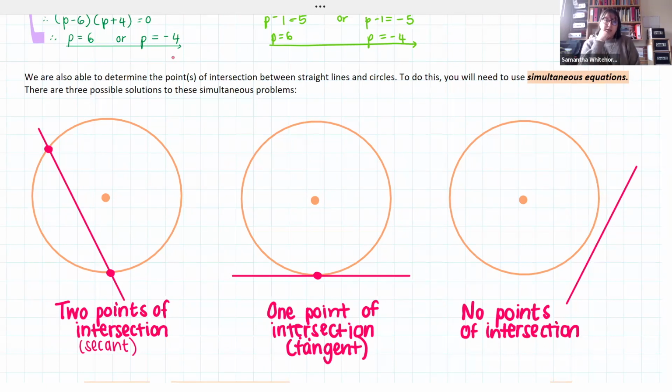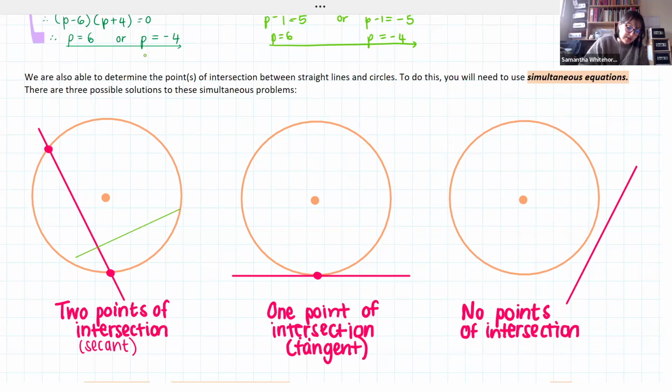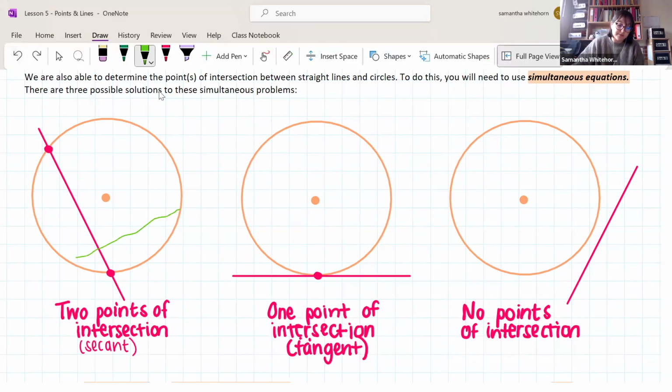So a line that extends past the edge of the circumference but cuts a circle in 2 places is a secant. A chord, just so that you are aware of the difference, goes from one end of the circumference to the other. Okay, it doesn't go past the bounds of your circle. That green line is a chord. If it goes past the edge of your circle, it's a secant.